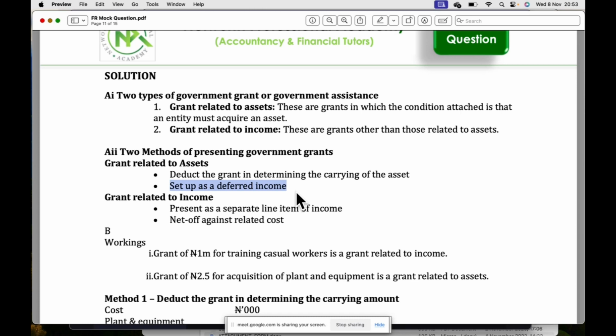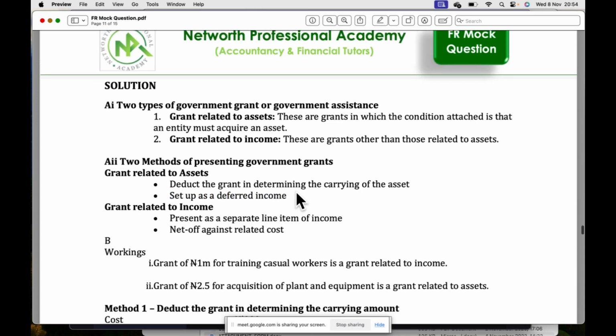So that's what setting up as deferred income means. Since you are going to recognize the grant as income, and you cannot recognize the entire income this year, a portion of it will be deferred. I'm sure you get it better when we look at the B part.